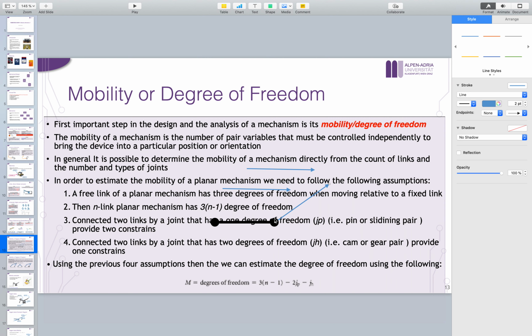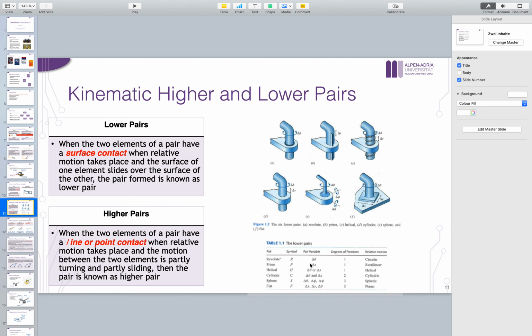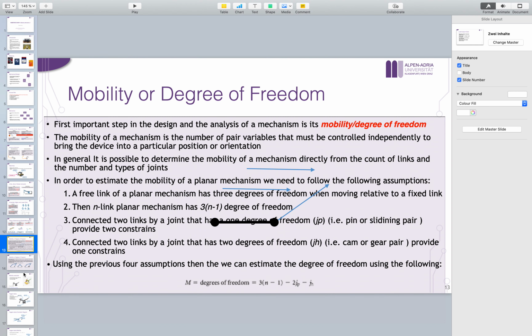By doing this, I have a revolute joint. So let's say I've connected the bar with a revolute joint. The degrees of freedom for this revolute joint is 1. So if I go back here, I have now constrained the movement of this link, and now it can move with only 1 degree of freedom.